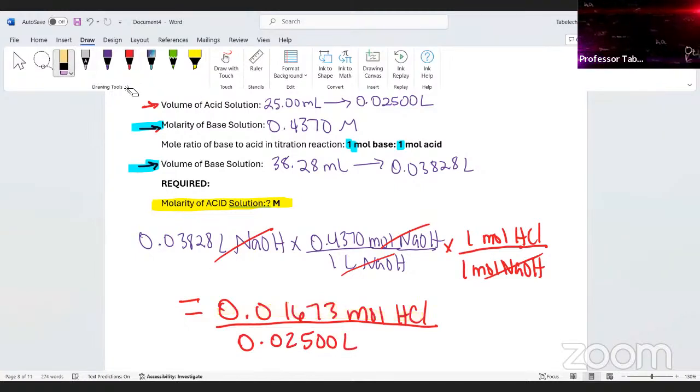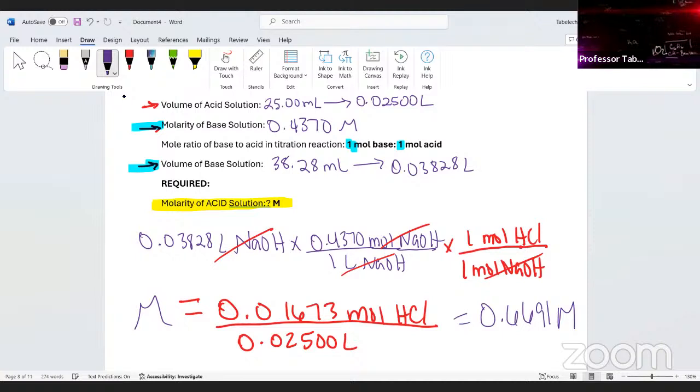So when we divide by 0.02500, we get 0.6691. That is our molarity. So M is equal to 0.6691 big M. That's the answer.